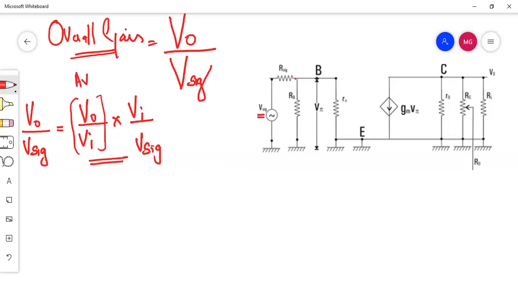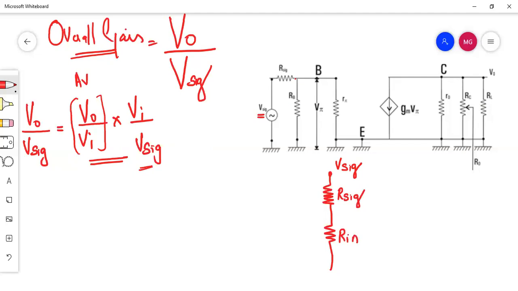So we need to find what Vi divided by V signal is. For that, I am drawing one diagram, which you already know. I am drawing two resistances here. This total voltage is V signal, and this is R signal, and this is R input.